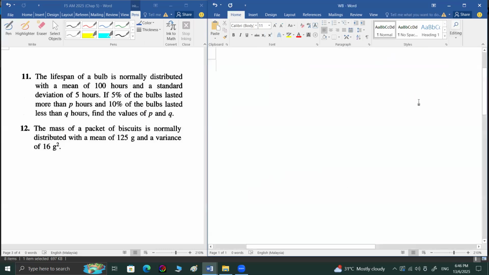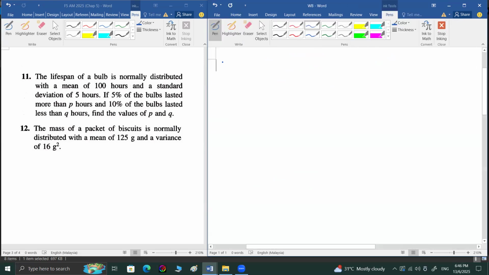Okay, look at 11. The lifespan of bulbs is normally distributed again, with a mean and standard deviation. Remember what I said about this one? This is the probability. You are asked to find the values of P and Q. See how I do that.